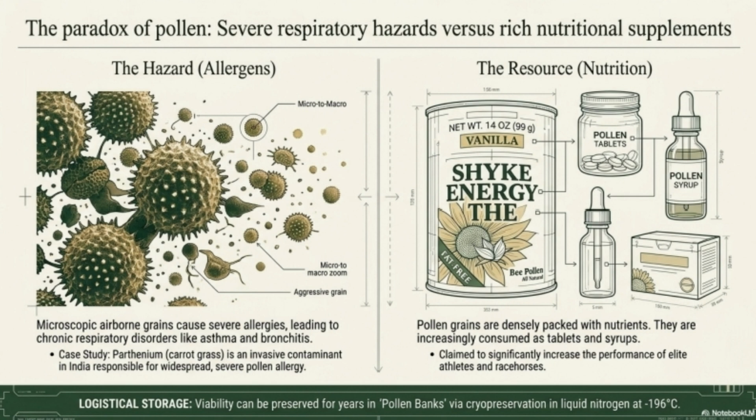On the other hand, pollen is a nutritional goldmine. It's packed with nutrients and is processed commercially into tablets and syrups to boost the performance of athletes and racehorses. And if we need to store these precious cells for years, we use cryopreservation, freezing them in liquid nitrogen at -196°C in specialized pollen banks.